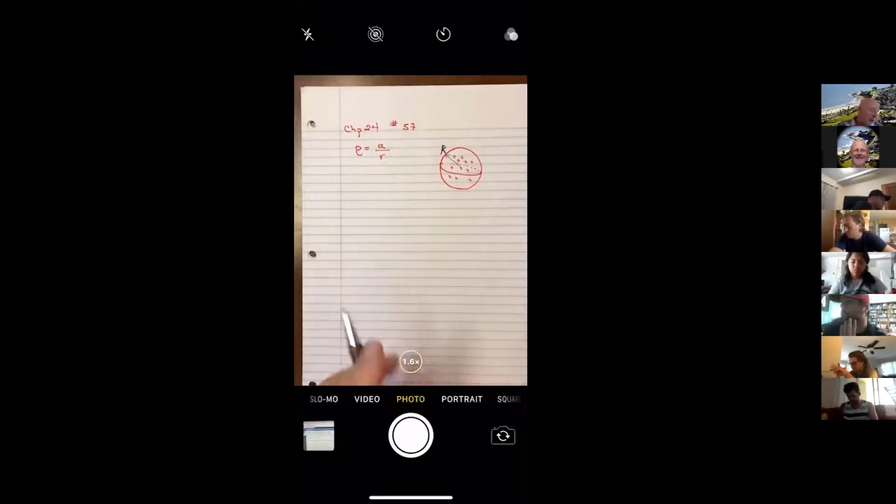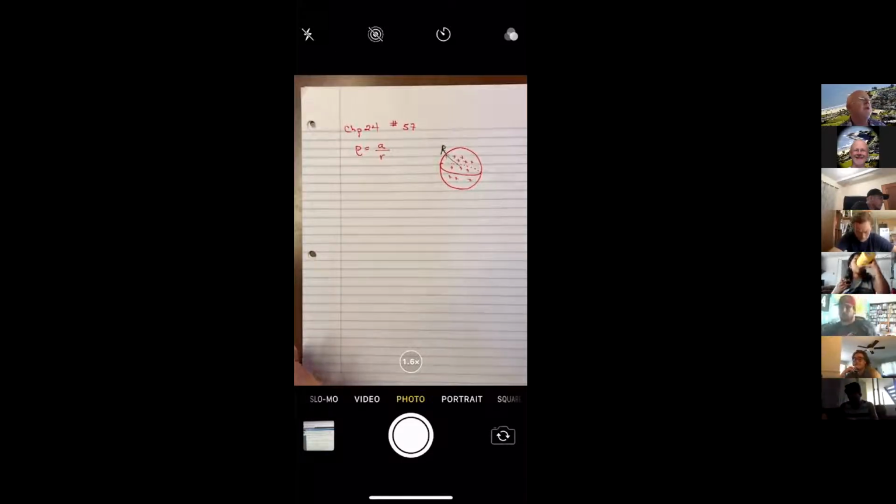One step is what happens if you're talking about inside, and the other is if you're talking about outside. Or does he only ask for just one of them? Find the electric field as a function of R. Yeah, now he doesn't say whether that's inside or outside. So I think he wants us to do both.